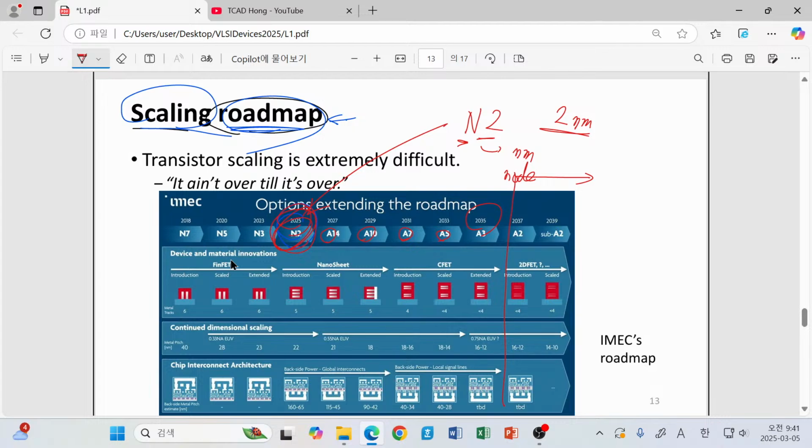So we never give up in this scaling. But why don't we give up? It is quite simple. The winner will take tremendous economical advantages.